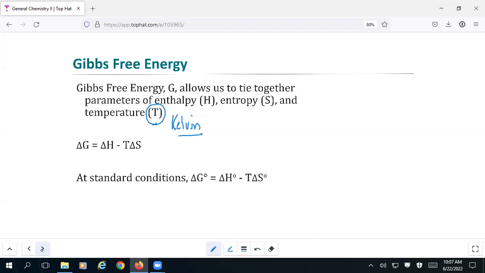Now, there is an absolute scale for Fahrenheit. It's not Fahrenheit, obviously. It's called the Rankine scale. So there is a Fahrenheit equivalent to Kelvin, but obviously we don't use that because we follow the SI system. The SI system uses Celsius and Kelvin, so that's what we use as well.